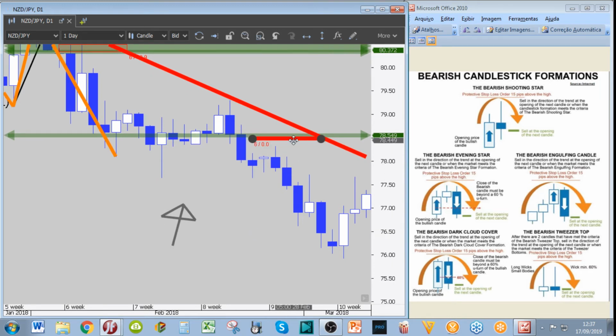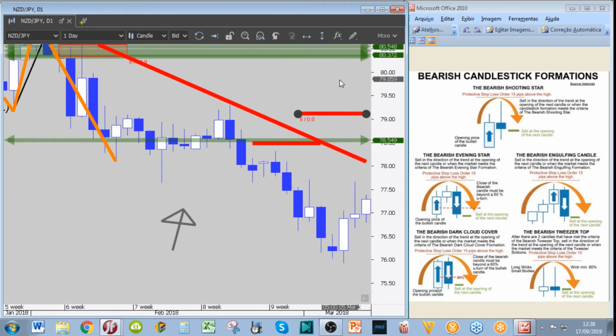So stop loss number 1 is here, stop loss number 2 is here. You can go with the downtrend line. What about your losers? Will you still win while losing some money? Absolutely yes. I'm going to show you.